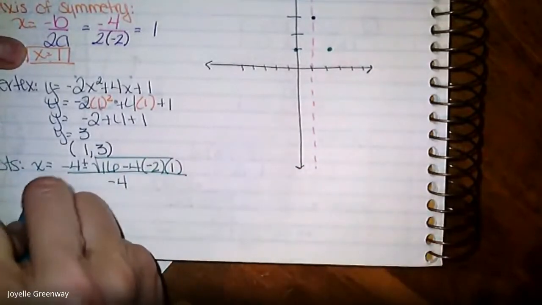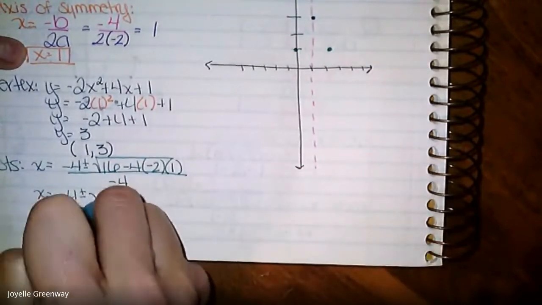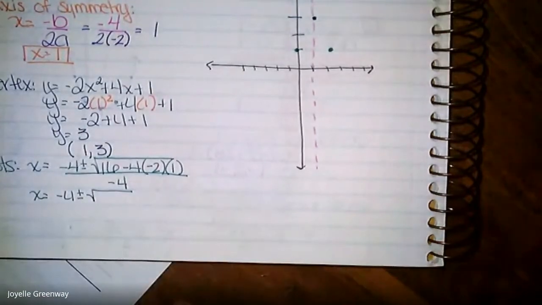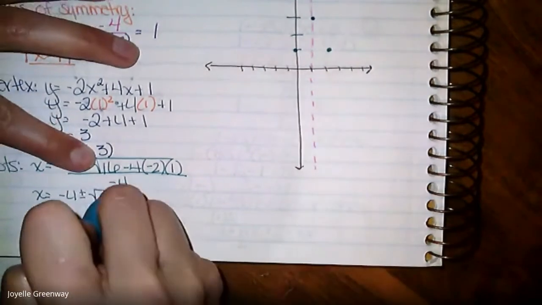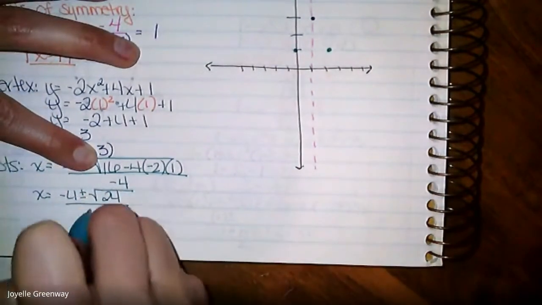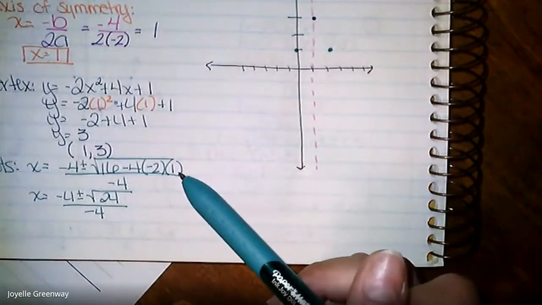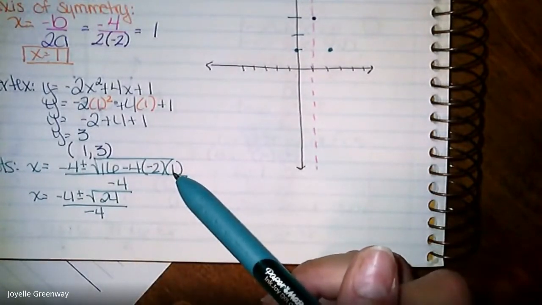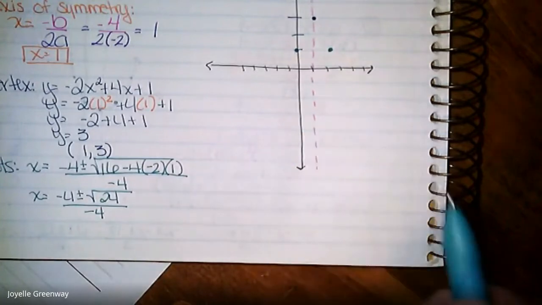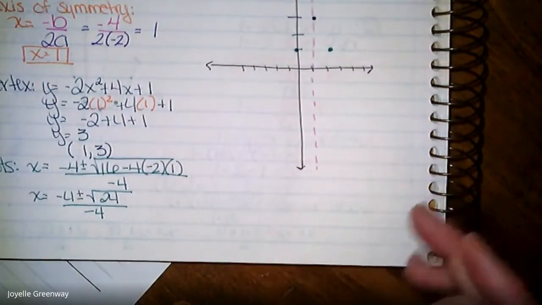So x is equal to -4 plus or minus the square root of 16 plus 4 times 2 is 8. And then 8 times 1 is 8. So 16 plus 8, so 24 divided by -4. So 24 is not a perfect square, so my roots are irrational, so that's not going to help me. So I need to make a table.